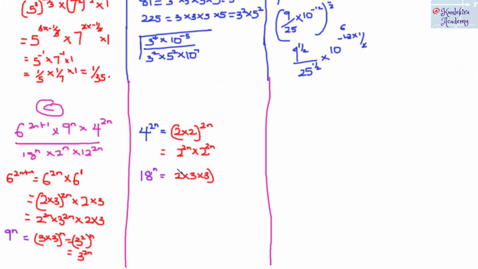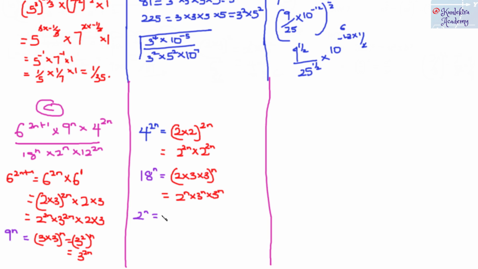That's 18 raised to the power n. And this will give us 2 raised to the power n times 3 raised to the power n times 3 raised to the power n. Then let's go to 2n. Our 2n still remains. That's 2.